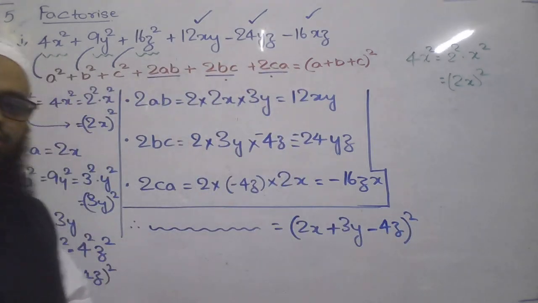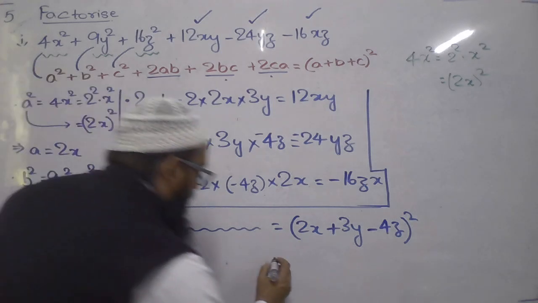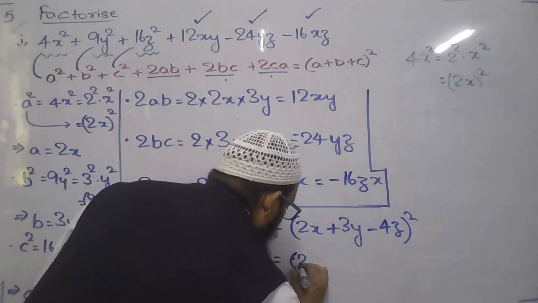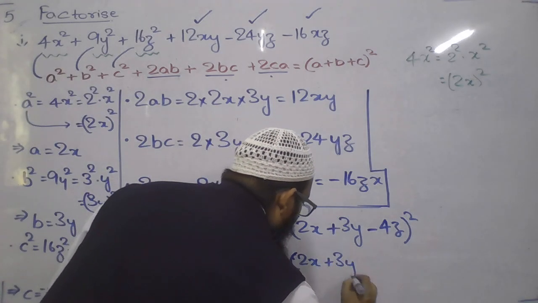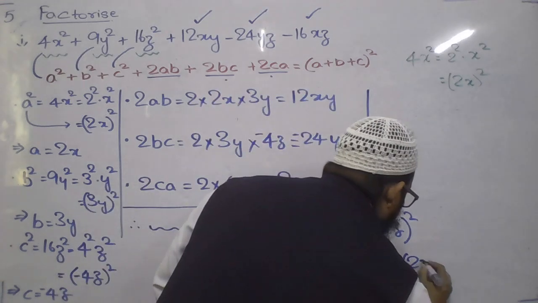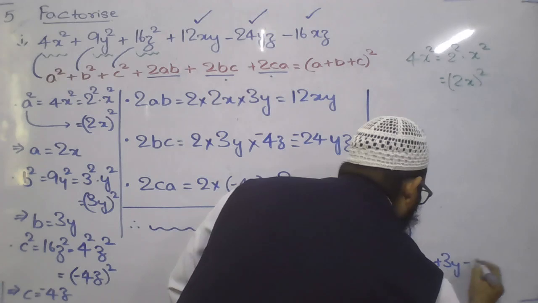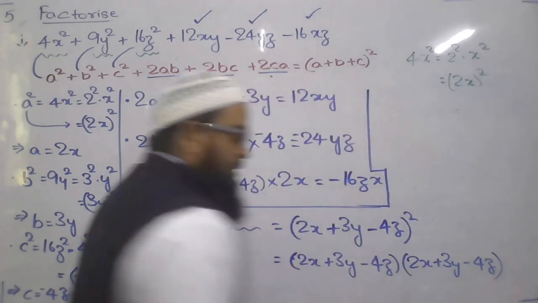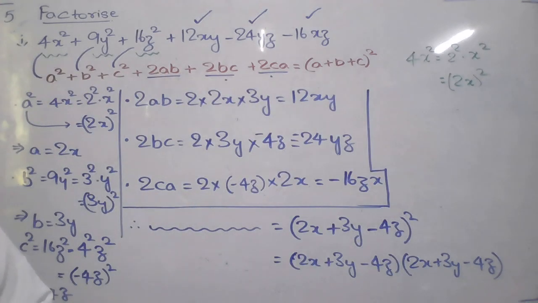So this is how you factorize. So that is equal to, you can rewrite it as 2x plus 3y minus 4z multiplied by 2x plus 3y minus 4z. Is it clear, my dear students? Good.